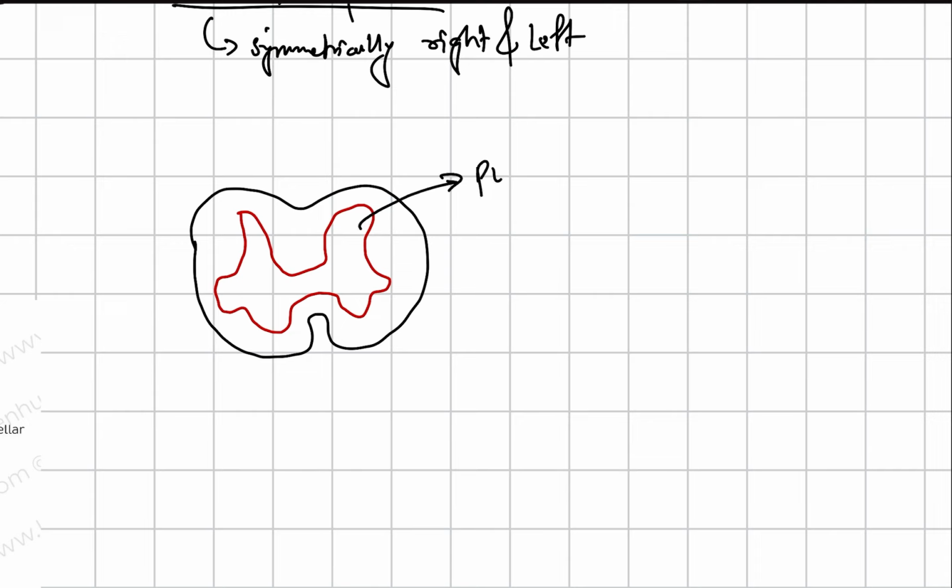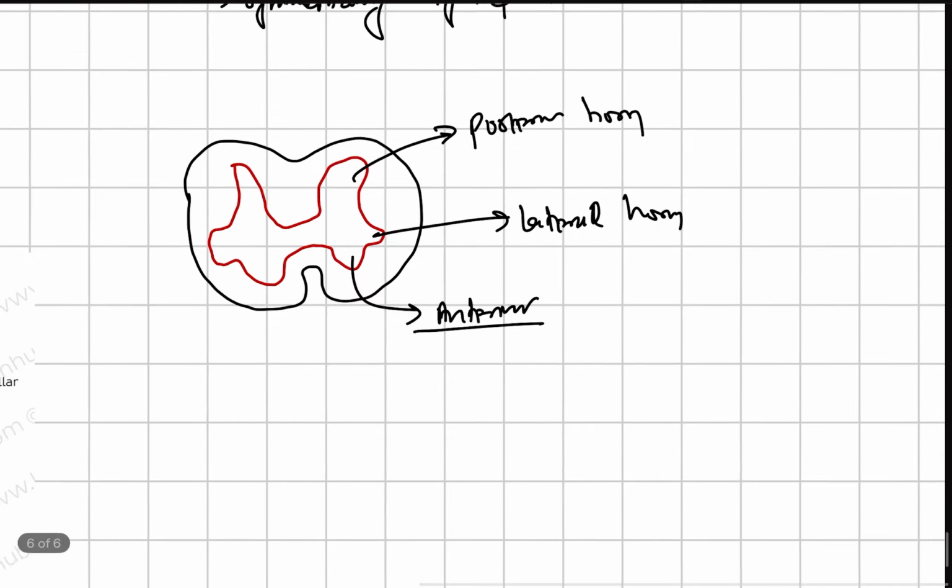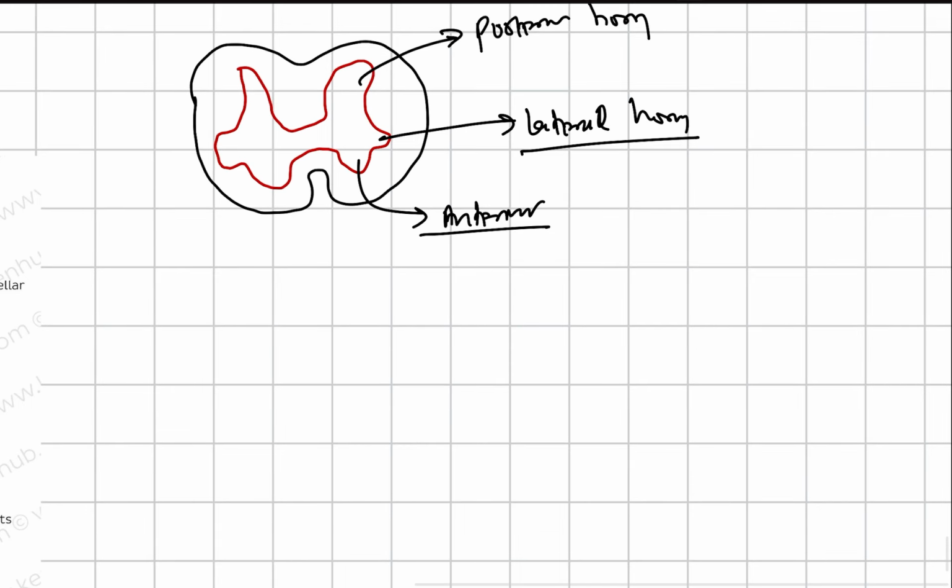This is the posterior horn, this is the lateral horn, and this is the anterior horn. But the lateral horn is not present throughout the length. It is present only in some regions, like the thoracic region, T1 to L2, and the lumbar region segments.